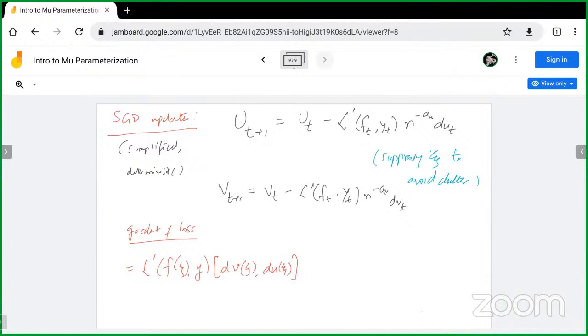So I'm taking the gradient of the loss with respect to both parameters, writing the whole gradient. The chain rule is what it looks like, and that's how you got those two equations. And just to be more concise, let's call this loss derivative phi t. That looks better. Now you can write down everything with these notations.